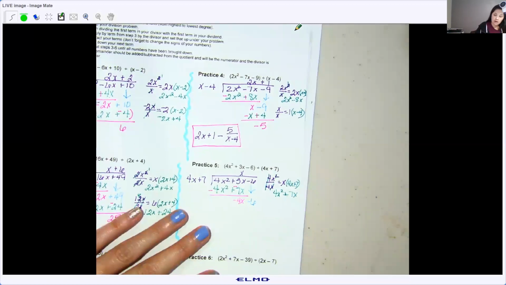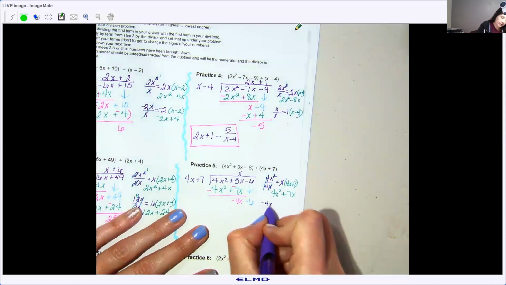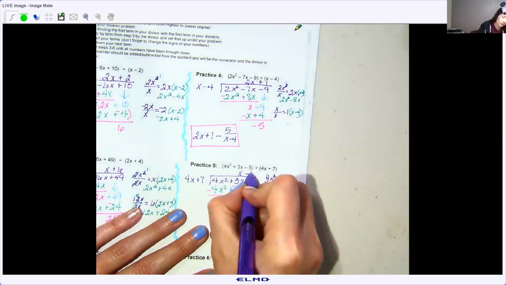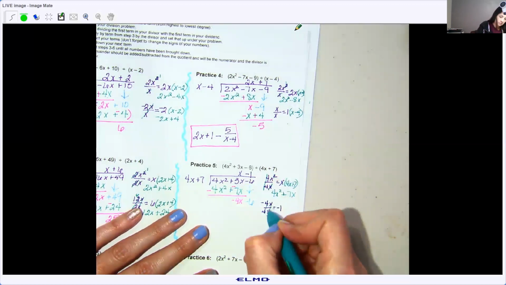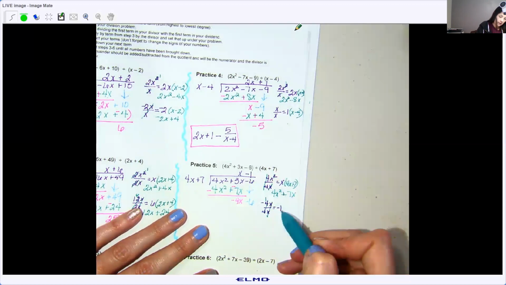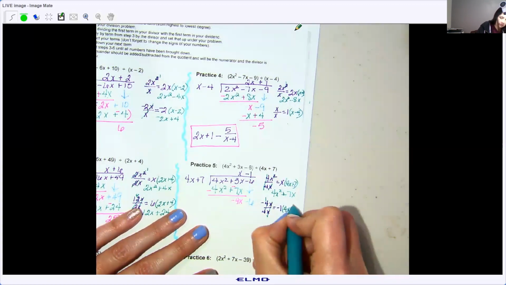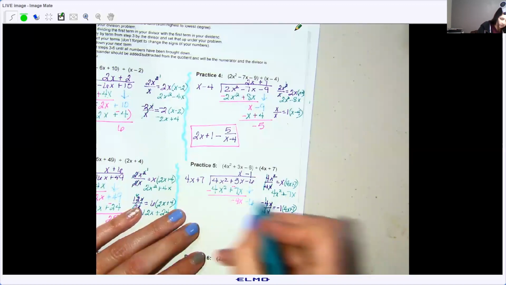Okay, now I start over and I divide. Negative 4x divided by 4x gives me a negative 1. So I'm going to put minus 1 right here. And then I multiply negative 1 times 4x plus 7. See if I can do it right this time. And I get a negative 4x minus 7.